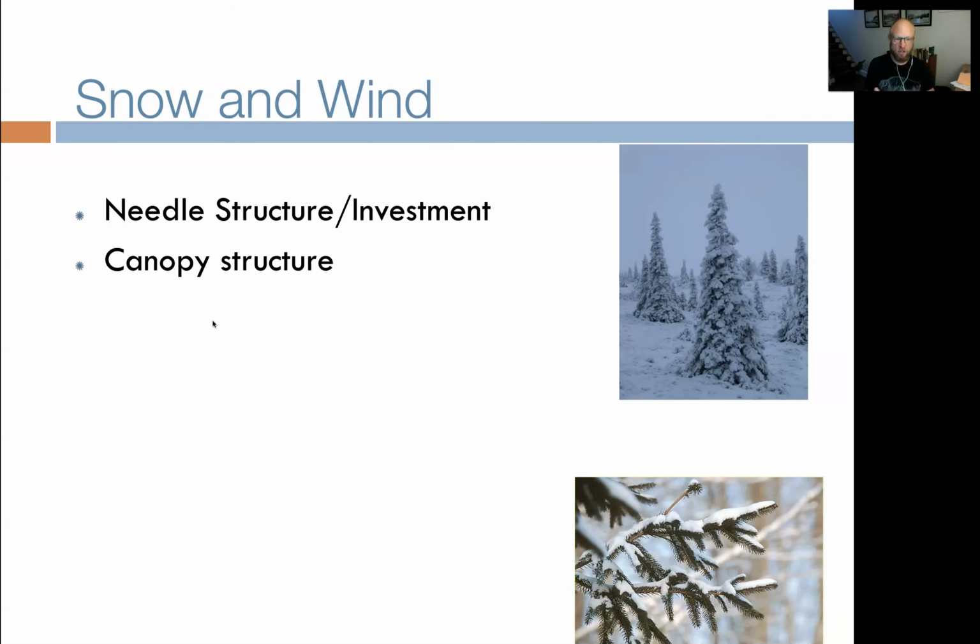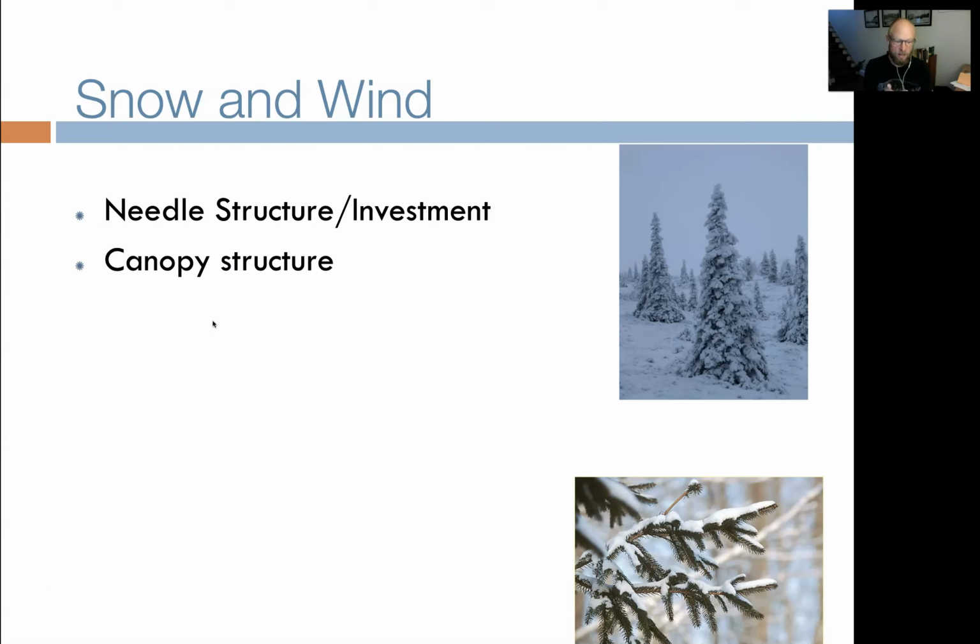So actually, I should say here, for needle structure and investment, I'm not going to show any other slides, but what we're really talking about is high LMA, right? So plants with high LMA have built these more robust leaves. And we've talked about it in relation to nutrients and resistance to herbivory, but it also is really resistant to these harsh environmental conditions.